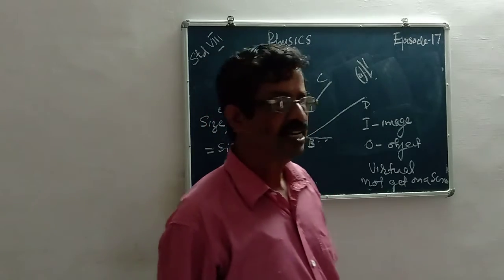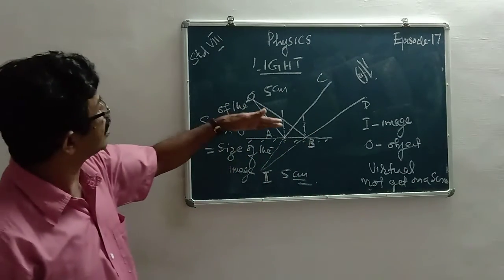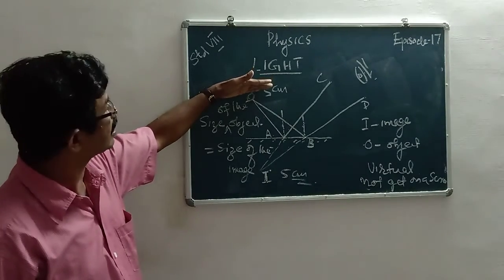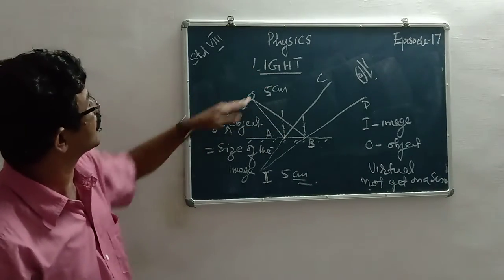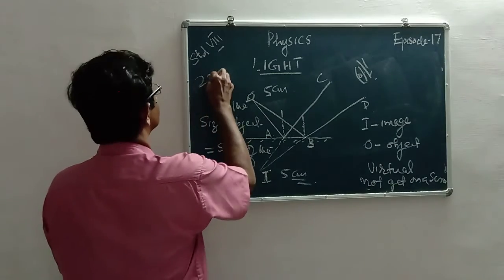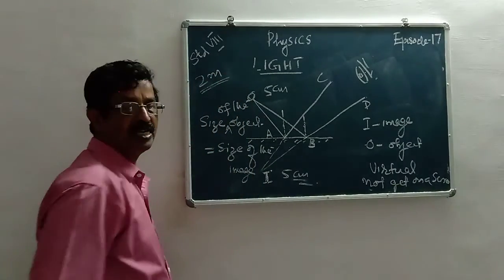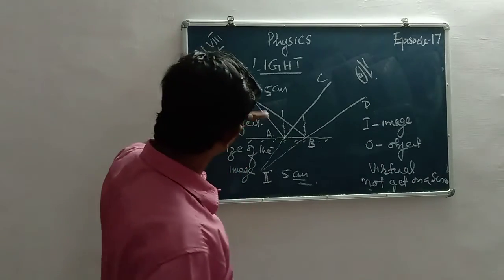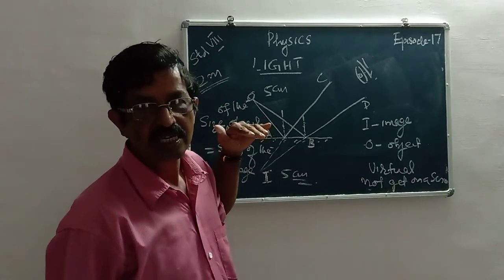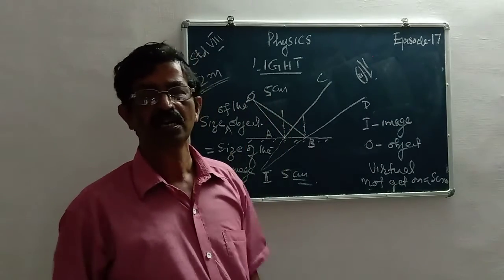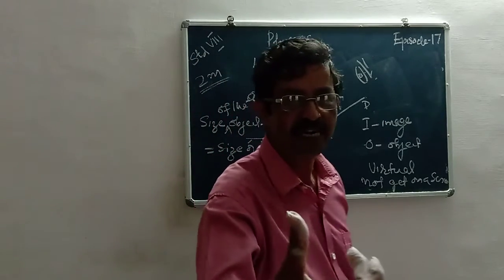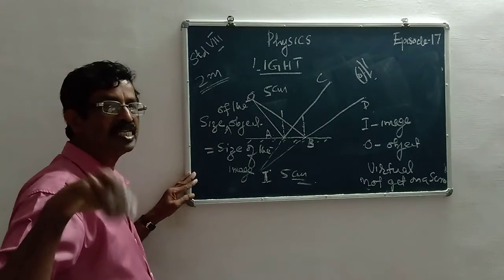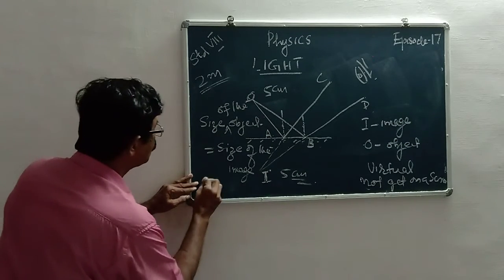Then another is the object distance from the mirror. For example, this object is at a distance of 2 meters from the mirror. This is the object distance. Then the image which we see in the mirror also appears at the same distance, 2 meters.